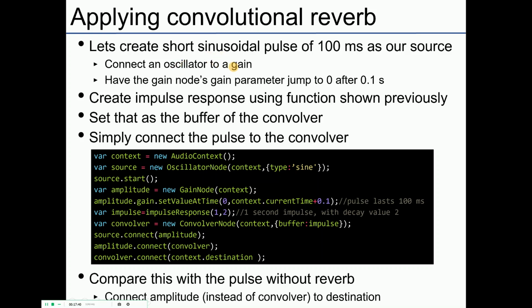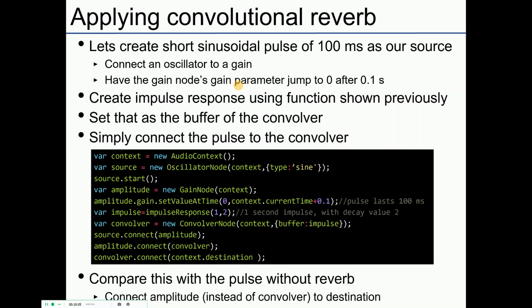But that's not it. That's just creating the buffer that the convolver node will use. So now we actually have to work with the convolver node. We're going to create a short periodic pulse. I will make one correction to the code right here, which I saw a mistake.